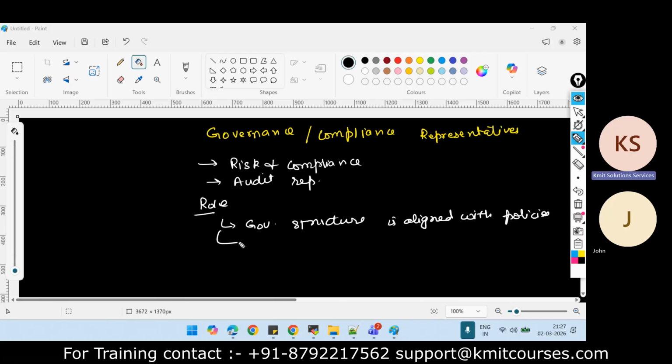They are also defining the control mechanisms, right? So what is the boundary?